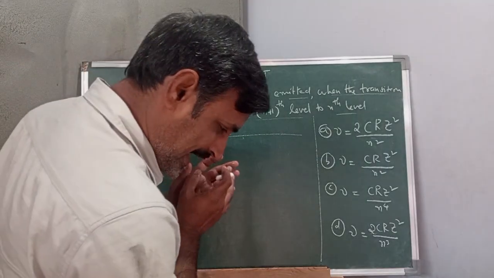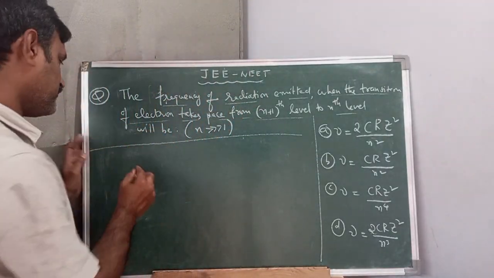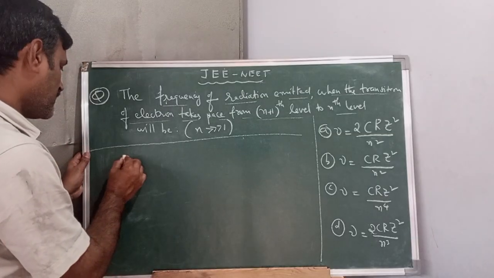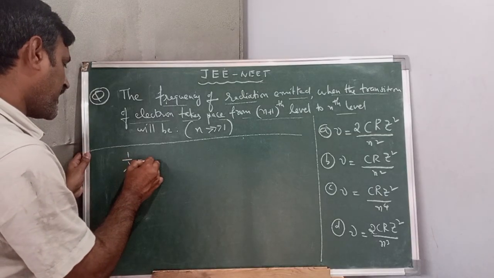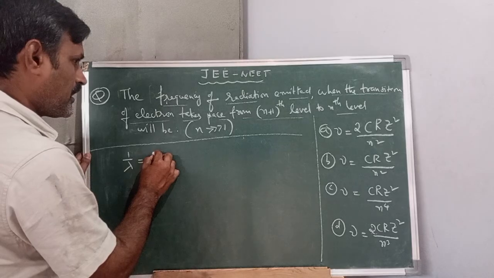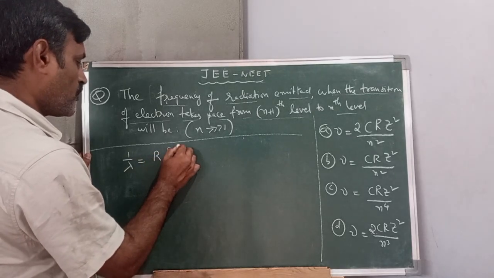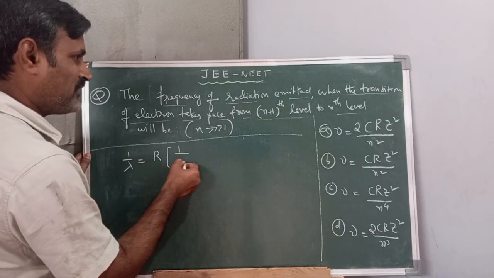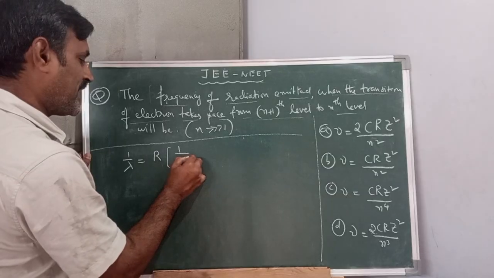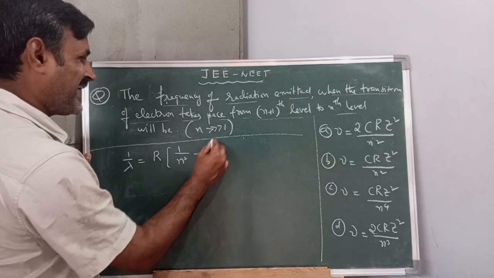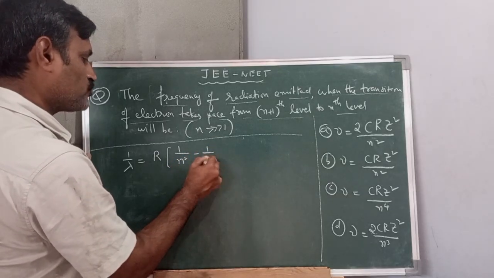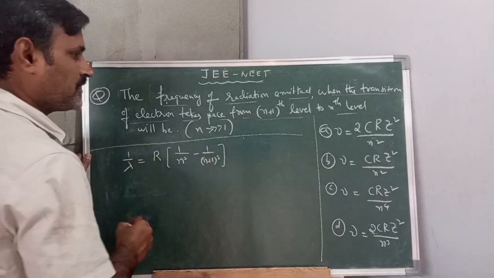Let us see what is the exact formula we are using for the hydrogen spectrum. That is 1 by lambda is equal to R into 1 by n1 square, where n1 square is the lower level, n square, minus the higher level, n plus 1 whole square.